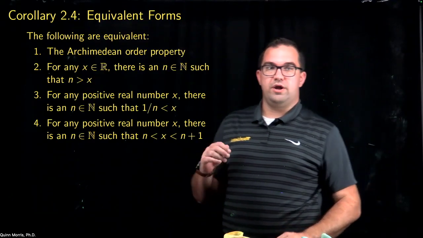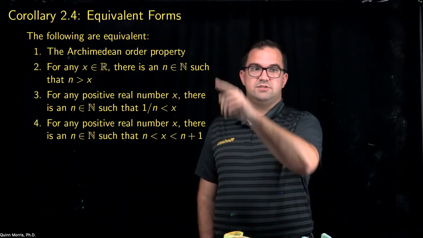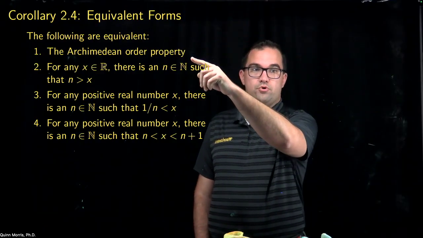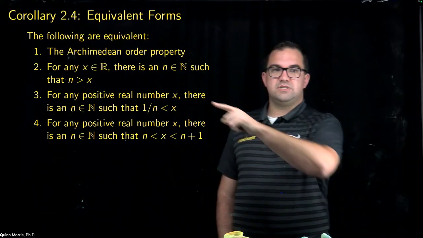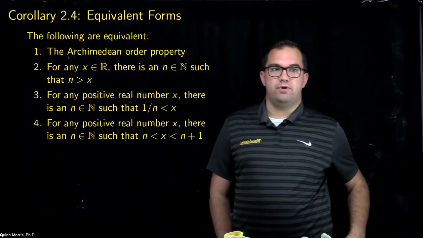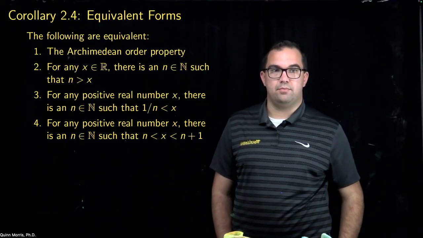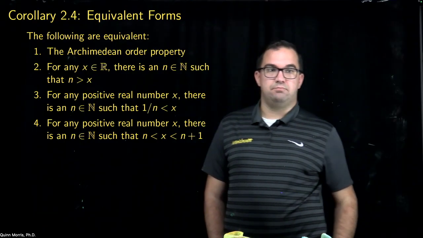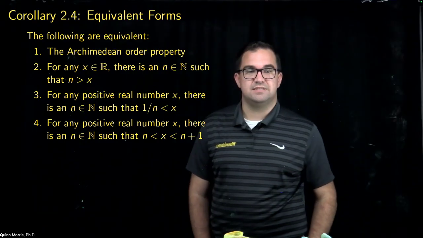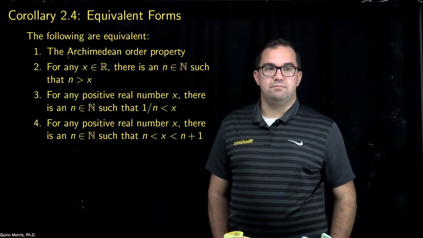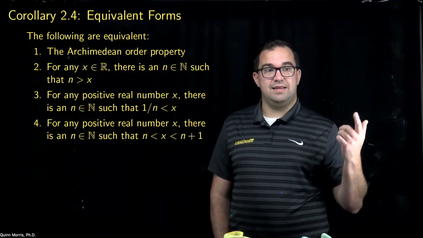So the following are equivalent. Each of these is equivalent to the Archimedean order property. The first is that for any real number x, there is a natural number n such that n is greater than x. So this essentially says that you can always find a natural number bigger than any real number.